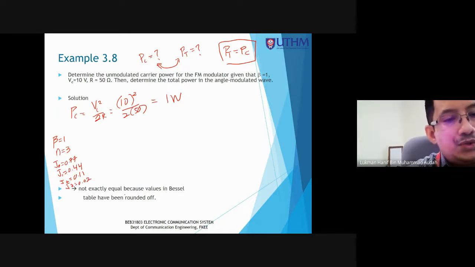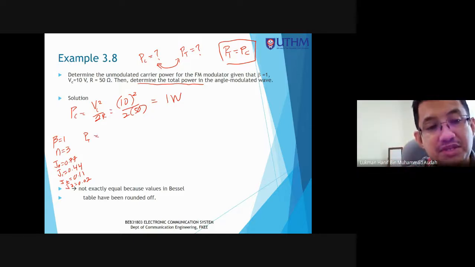Okay, so remember when you want to calculate the total power, so sekarang soalan tanya yang ini yang kedua, determine the total power in the angle modulated wave. So this example is purposely to show you the difference between PC and total. What's the difference?